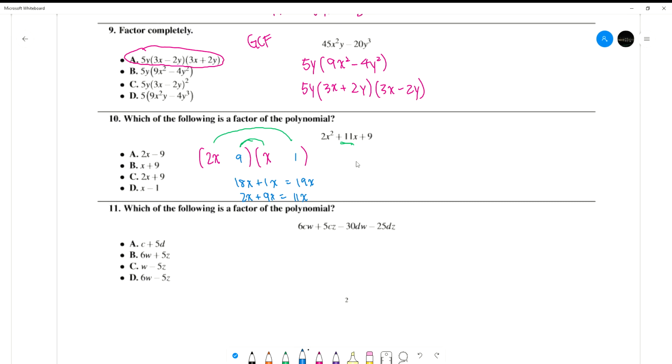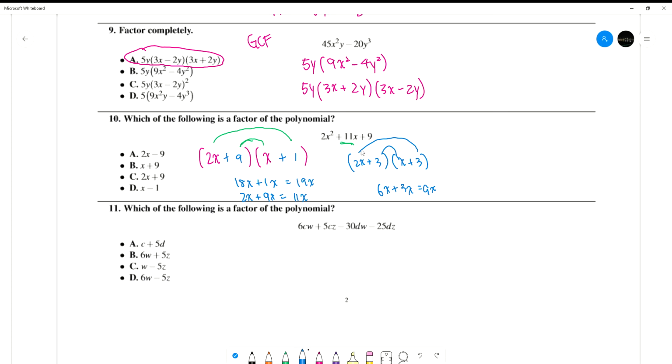If I had done 3 and 3, you're going to get these factors and look at the outer and the inner. This would have given you 6x plus 3x, which is 9x. So as you can see, it's not the correct answer. So that's how you can go through all of these factors and check.